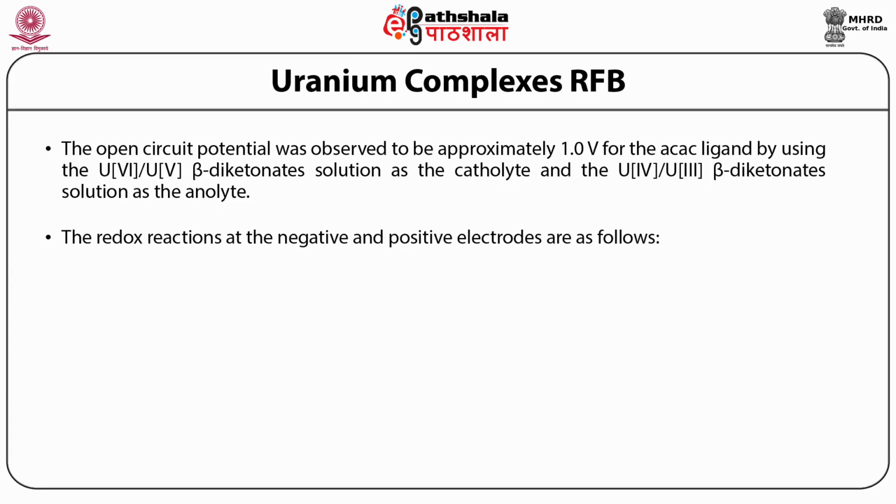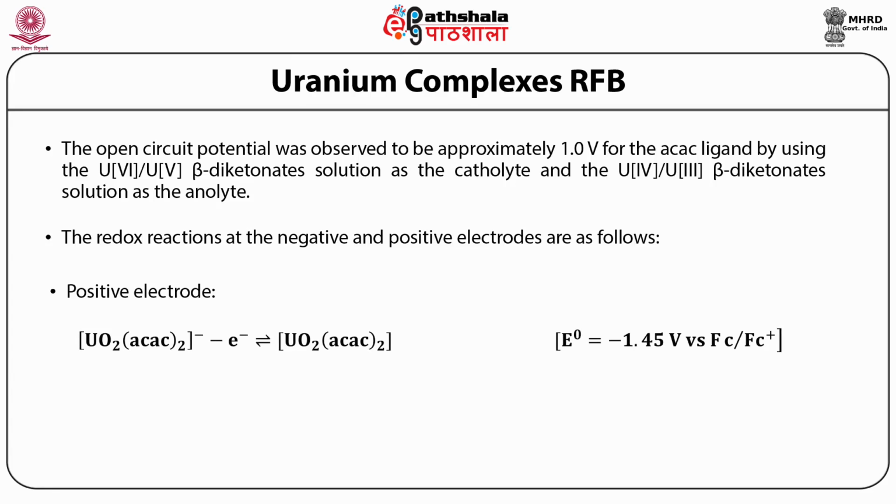The redox reactions at the negative and positive electrodes are as follows. At positive electrode, UO2(ACAC)2 minus an electron gives UO2(ACAC)2+ with E0 equal to minus 1.45 versus Fc+.